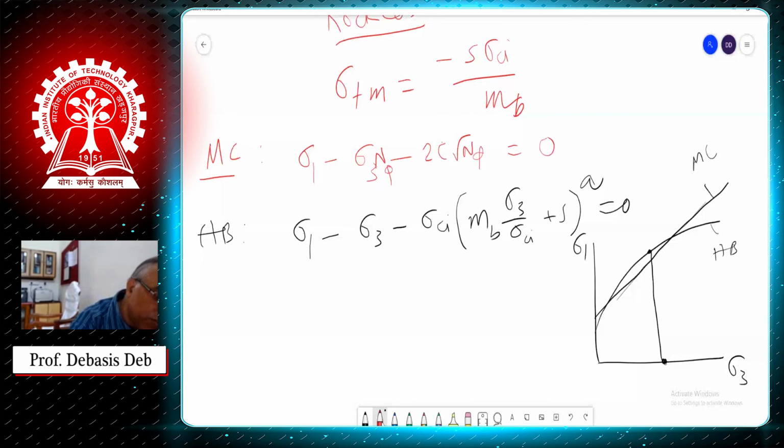what we are going to do is, I will draw a tangent to this curve, and wherever it touches, this will be my sigma cm, that means rock mass.